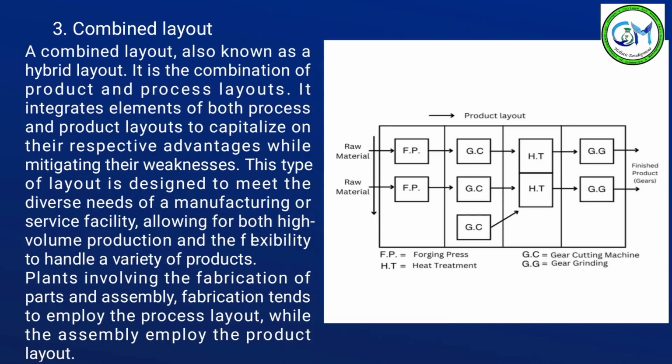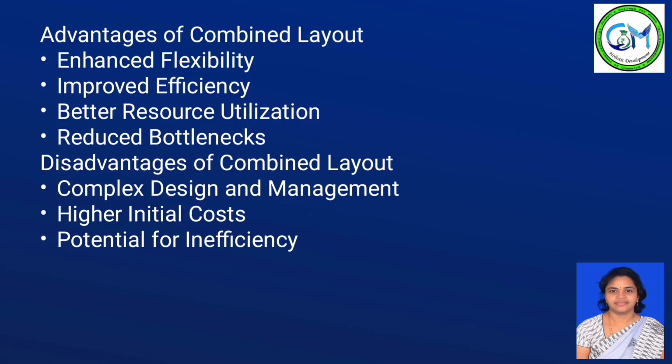Two advantages of combined layout: enhanced flexibility. It can accommodate both high volume and standardized production and low volume and customer order. So for both the requirements it is applicable and adaptable, and improved efficiency. Streamlined processes where possible while maintaining the flexibility to handle different product types.